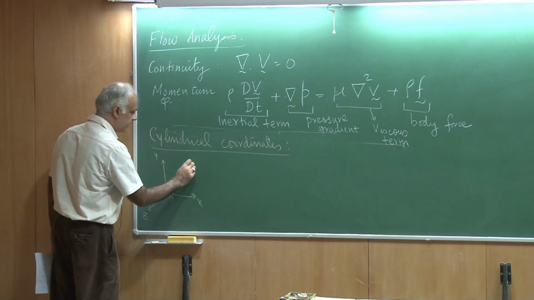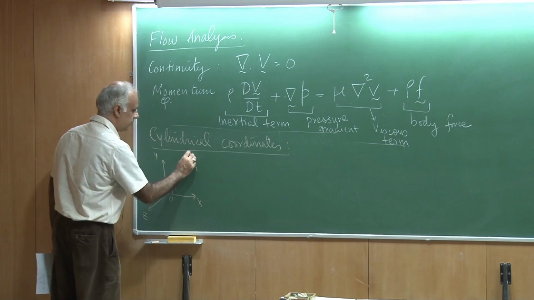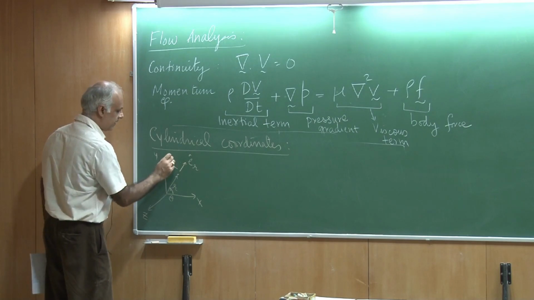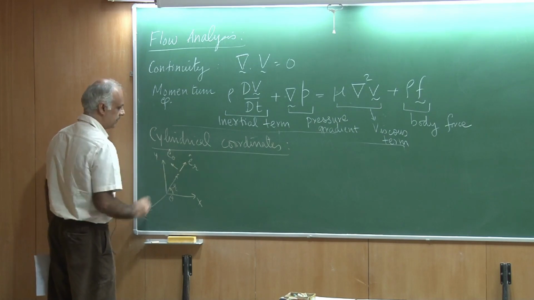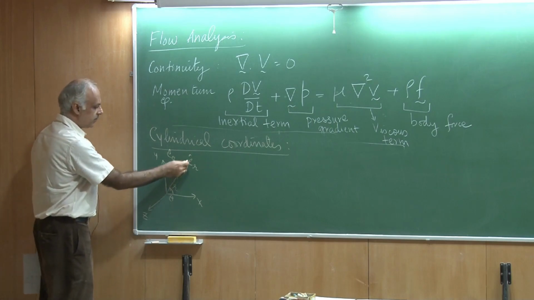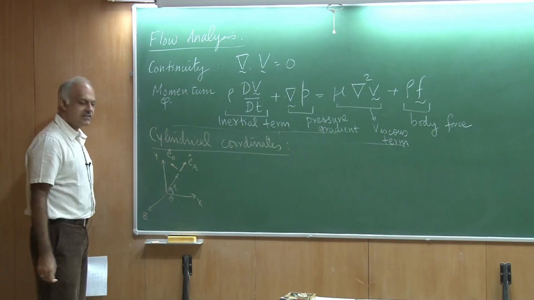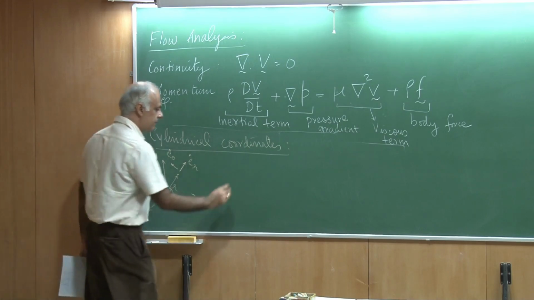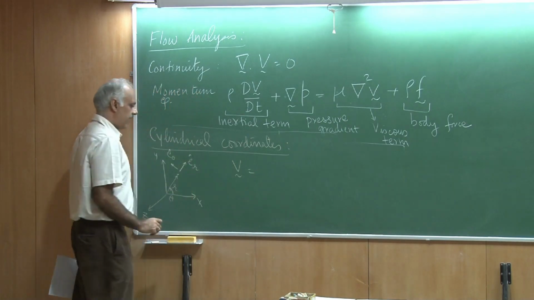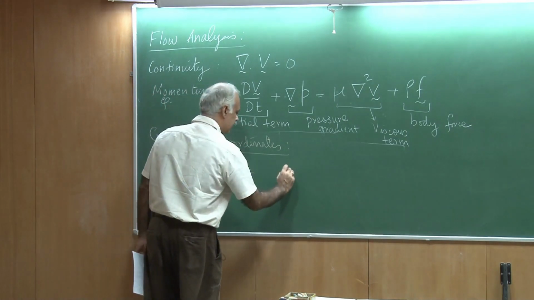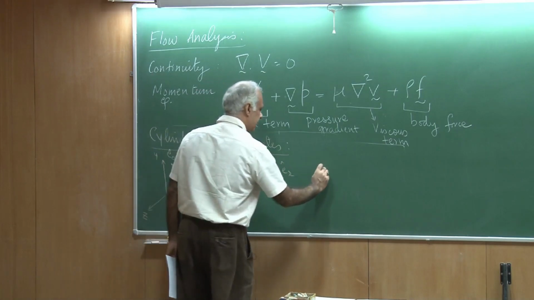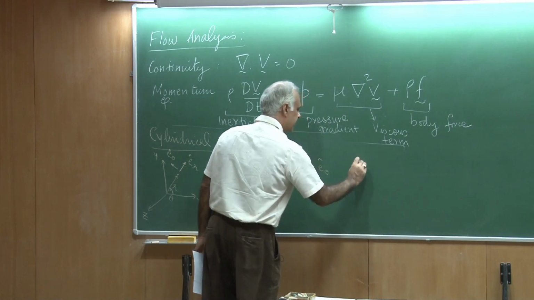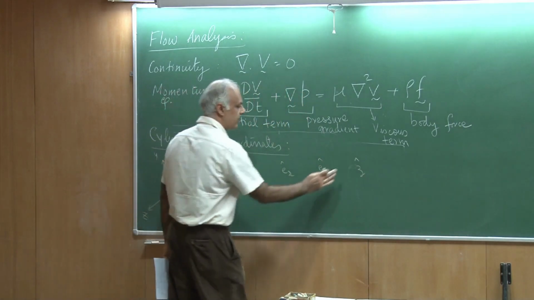So I could have a unit vector in the radial direction, which I will call E_r, and in the tangential direction I have E_theta. So E_r is the unit normal in the radial direction, E_theta is the unit normal in the theta direction. And now I could write my velocity as three components. So in the E_r, in the E_theta, and of course in the z direction, or maybe I should call it the k direction.